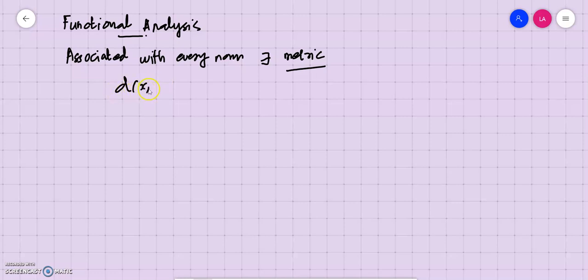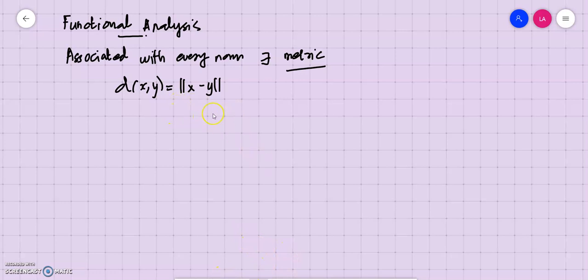We have established that associated with every norm there exists a metric, which is defined as d of x, y equal to norm of x minus y. This is what we have studied.